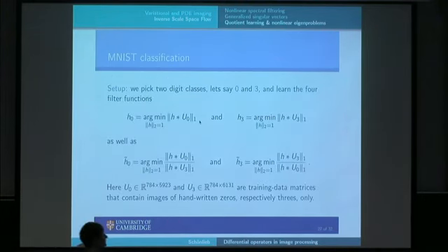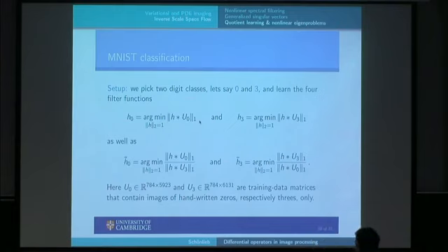And we are learning two filters, H0 and H3, for which the zeros can be represented very, very sparsely, and for which the 3s can be represented very sparsely. And then we did a second experiment where we learned both filters, not only taking into account its own class, but also taking as a negative example into account the other class. Okay, so which is this quotient minimization idea.